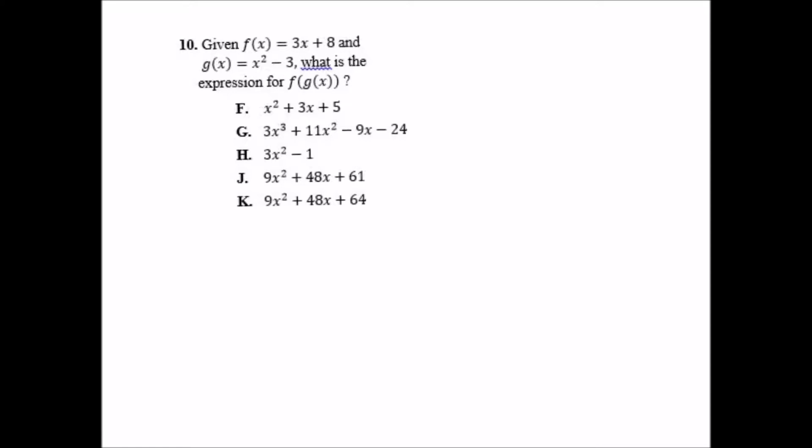This final problem is just a little bit more complicated. It says given that f of x equals 3x plus 8 and g of x equals x squared minus 3, what is the expression for f of g of x? That basically says wherever we see an x in the original expression, we take the value for g of x and plug it in there.